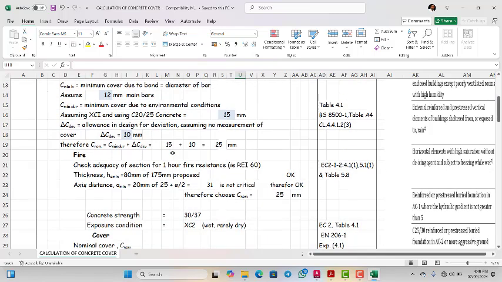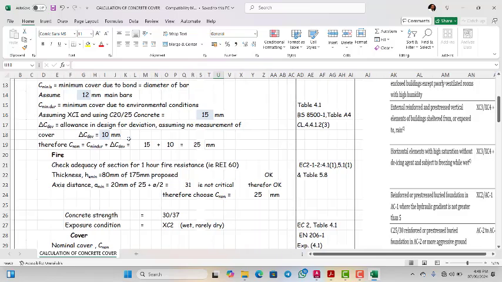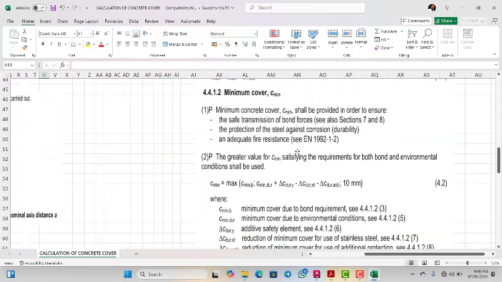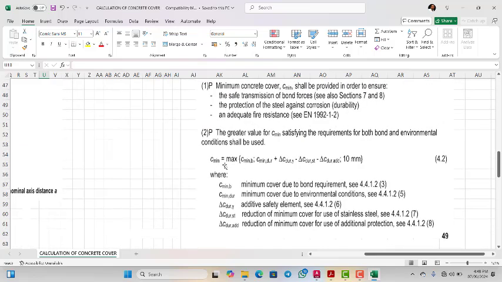Now, let's look at the code at why we have this. This is the formula for it. It says the greater value of C min satisfying the requirement for both bond and environmental conditions shall be used.